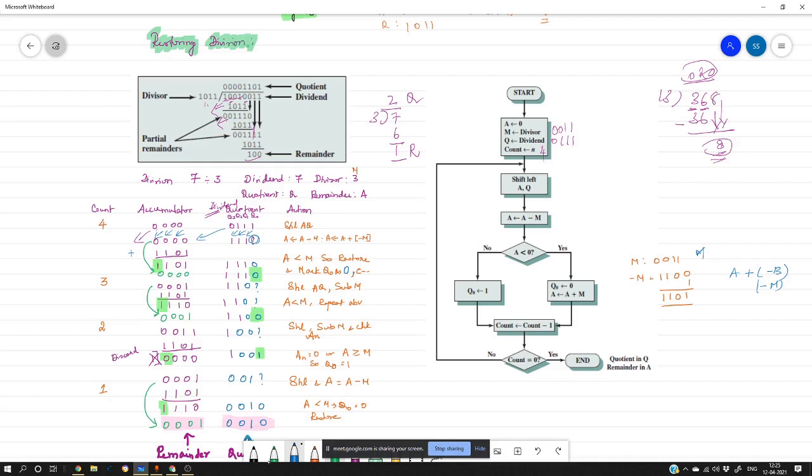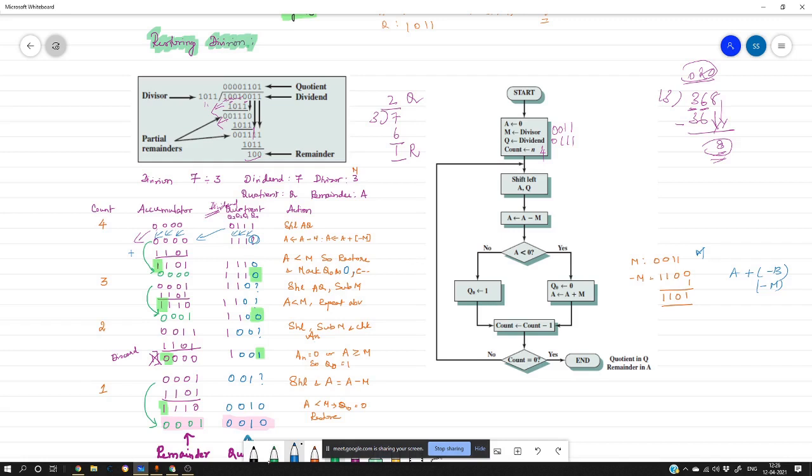I have subtracted the divisor from the dividend, but I get a negative result. If the result is negative, it means that the set of bits considered now from the dividend is lesser than the divisor, and I have to mark 0 in the quotient. So I mark 0 here in the quotient.